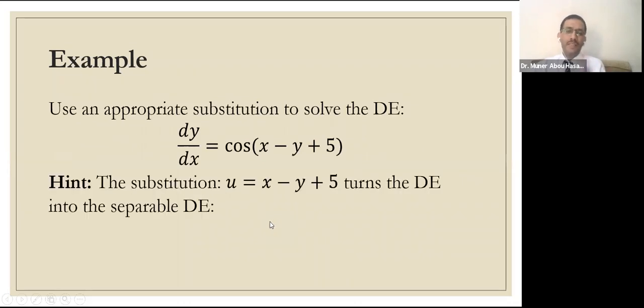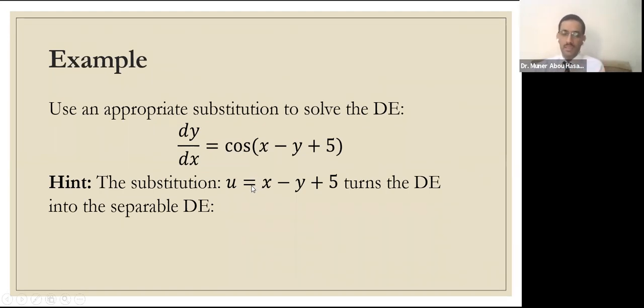Now, if I have this differential equation, this equation isn't linear at all in x and y, because the cosine has x and y. It isn't separable because I can't separate the x and y inside the cosine. Also, it isn't exact at all.